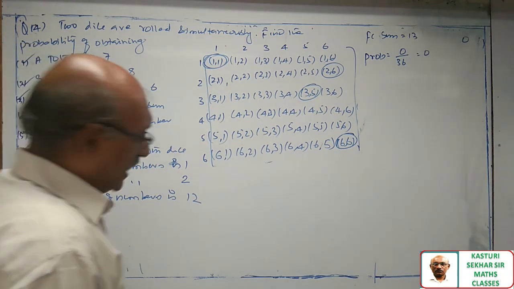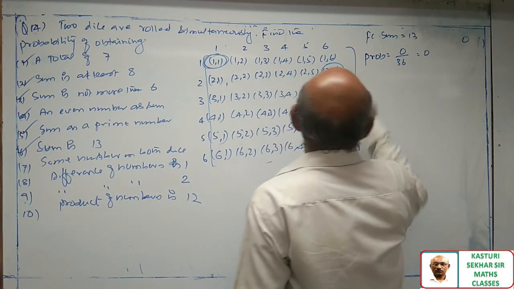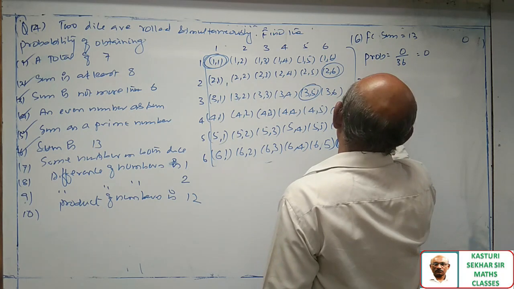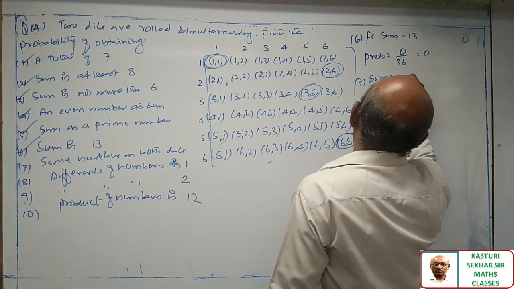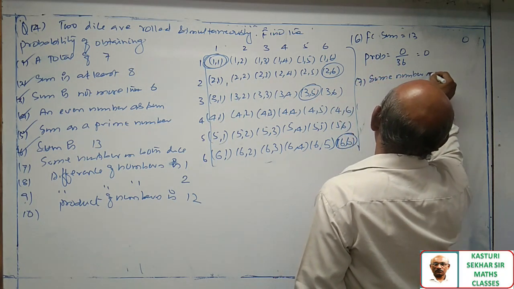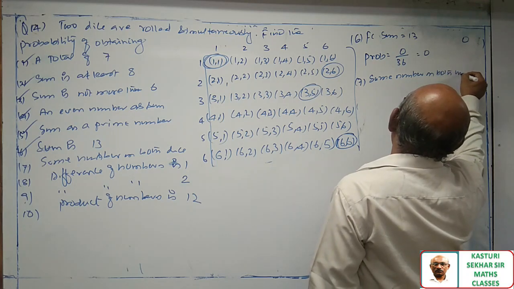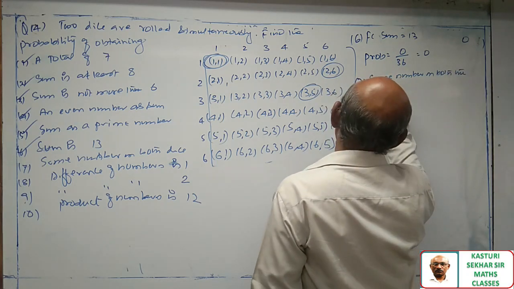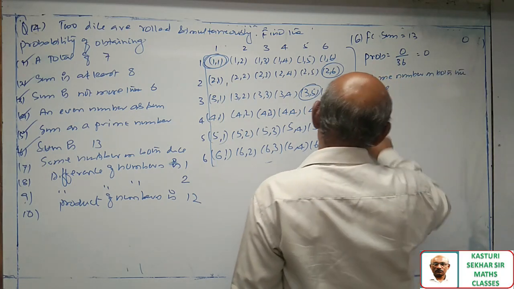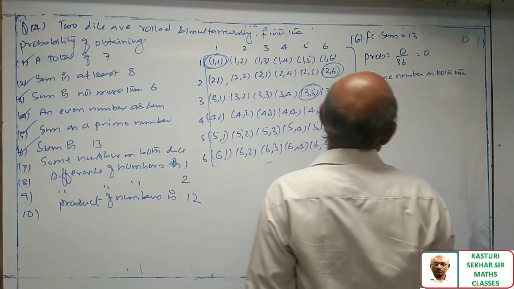Same number on both the dice. This is the 6th question. Same number on both the dice.